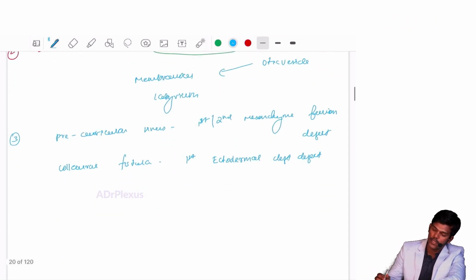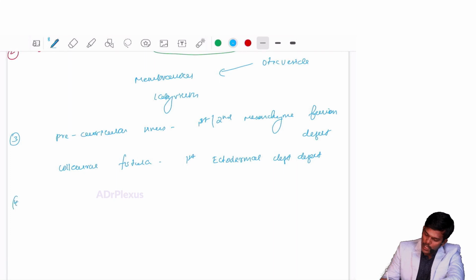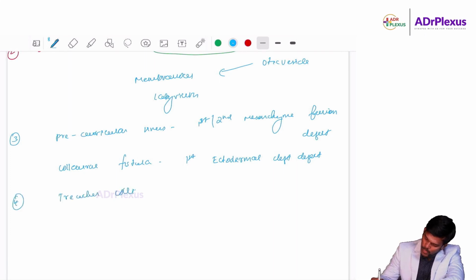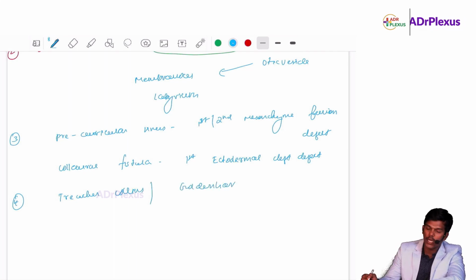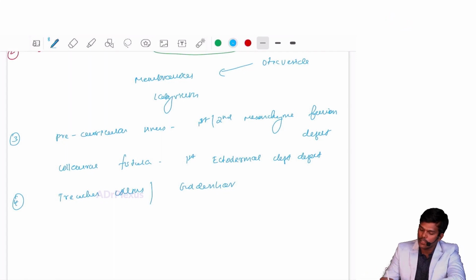Clear? Yes. Then we saw Treacher Collins syndrome and Goldenhar syndrome. These are the two syndromes having conductive hearing loss.